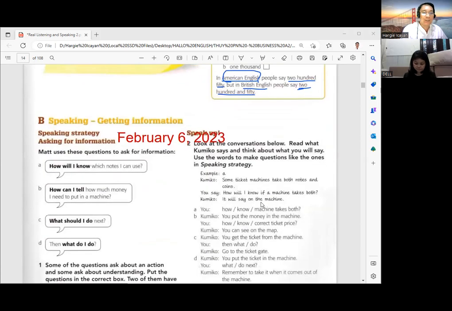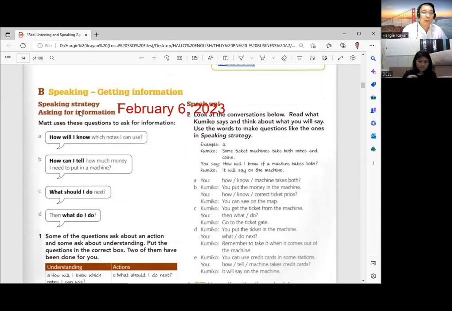Okay, so let's continue our lesson with regards to asking for information. What do you think would be the right expression if we are asking for information?